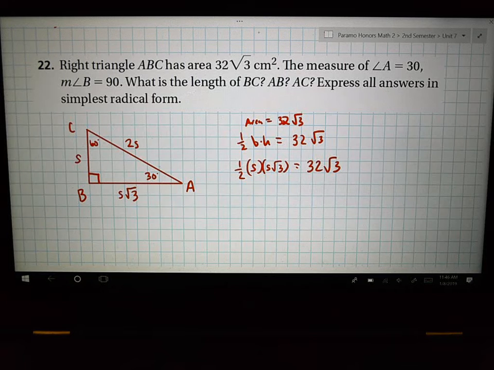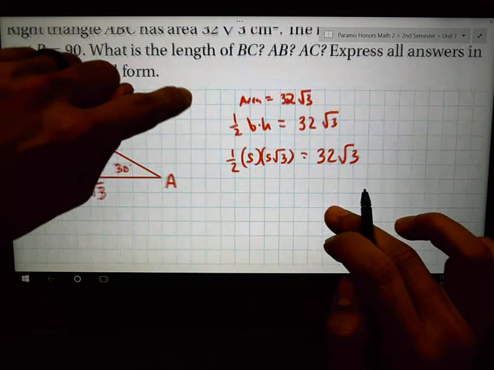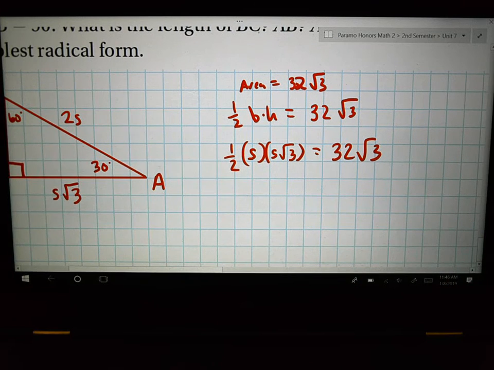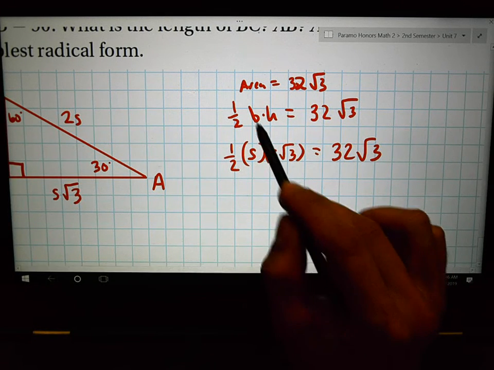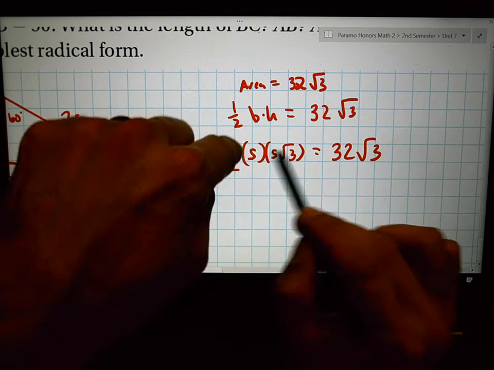Now this is where the math gets a little bit funky, but it should make sense to you. We know the base. I could have flip-flopped these because I can do multiplication in any order I want.